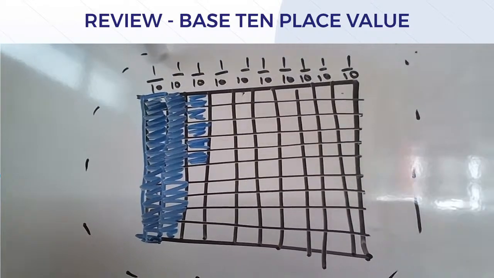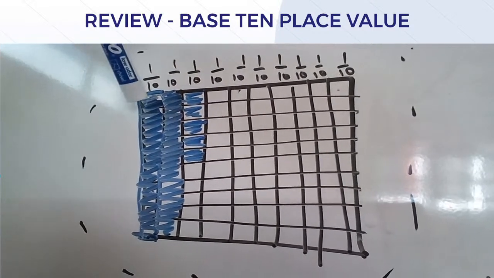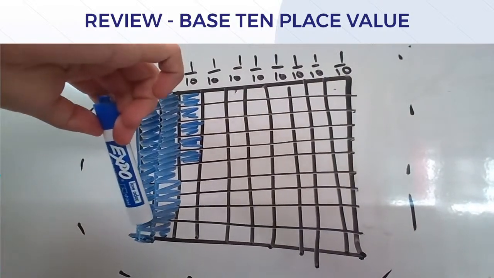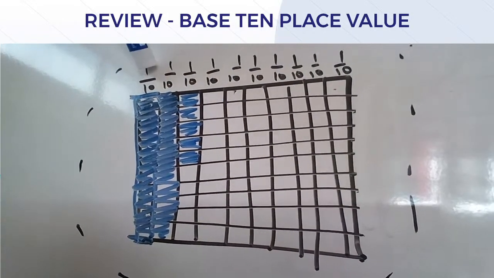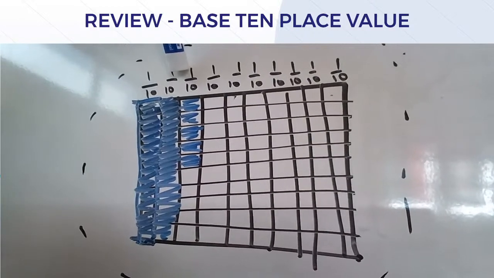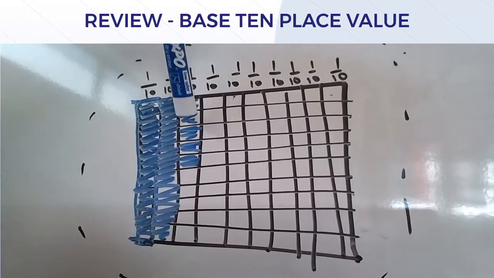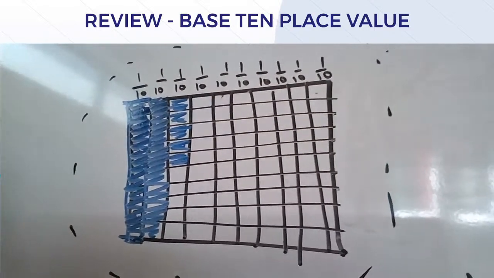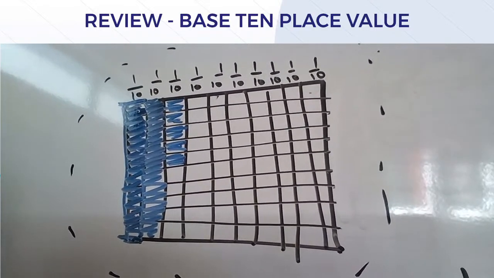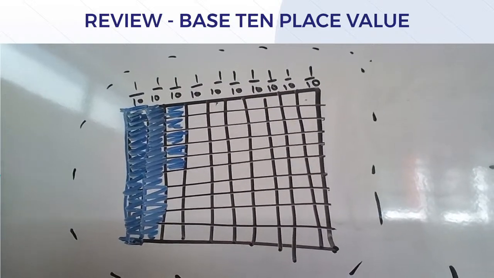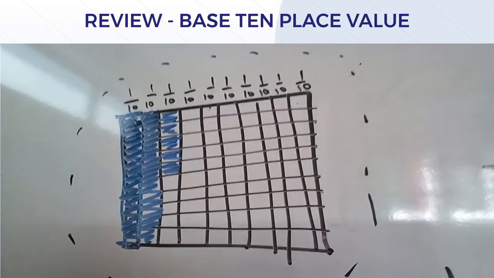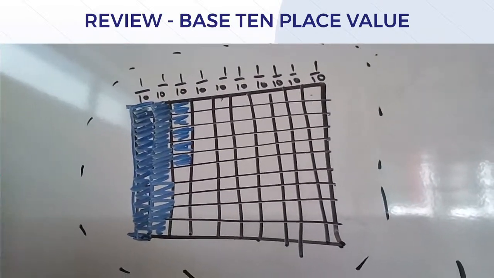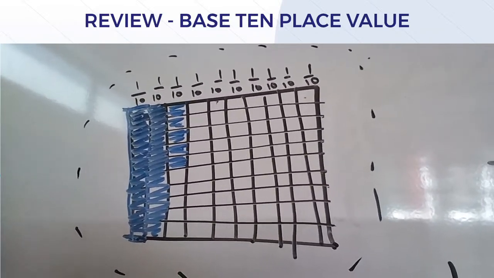We divided this 1/10 into how many equal pieces to make hundredths? 1, 2, 3, 4, 5, 6, 7, 8, 9, 10. So we've got 10 hundredths, 20 hundredths, and then 21, 22, 23, 24, 25. So our final answer to that becomes 25 hundredths. We have 25 pieces colored in, and there are 100 pieces total in our one square.